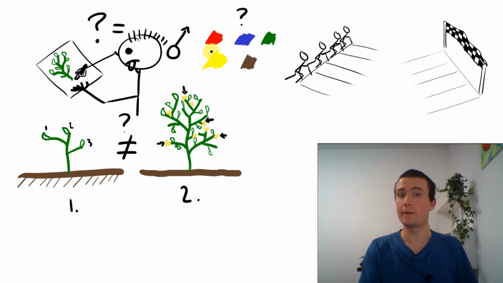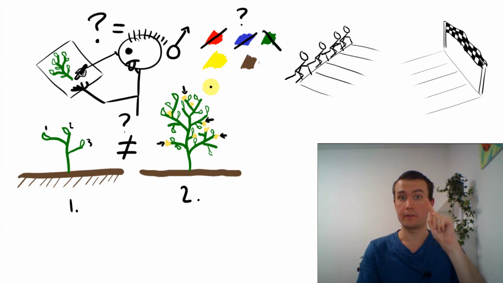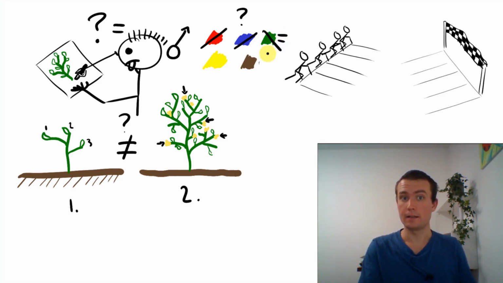The flowers aren't red. They're not blue. They're not green like the leaves. They're not the same color as the leaves. They're not brown like the ground. They're yellow.